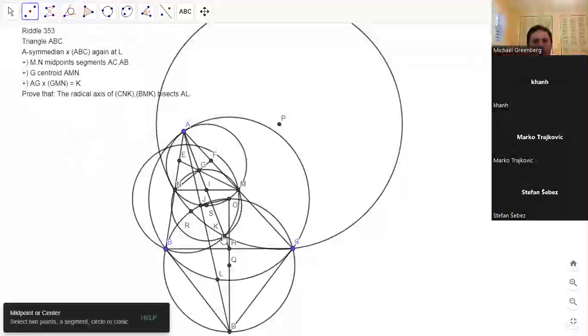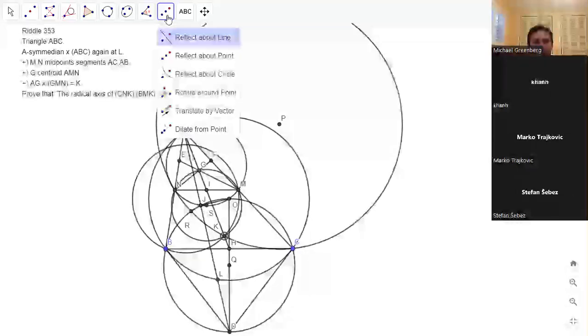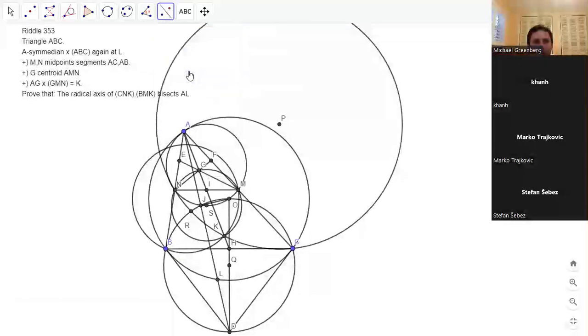So I think if you reflect K about each side and take the center of that circle, I think that's the isogonal conjugate. So I'm going to take these three reflections and then I'm going to take the circumcenter. Let's see where it lands.